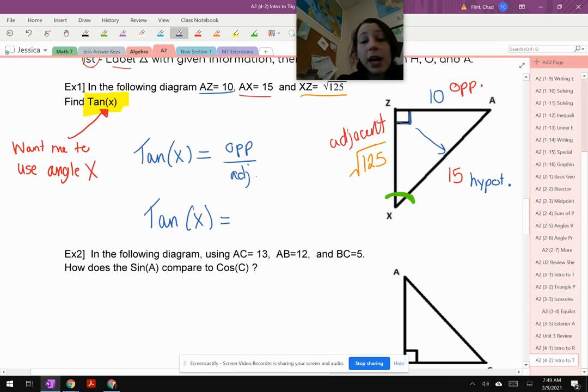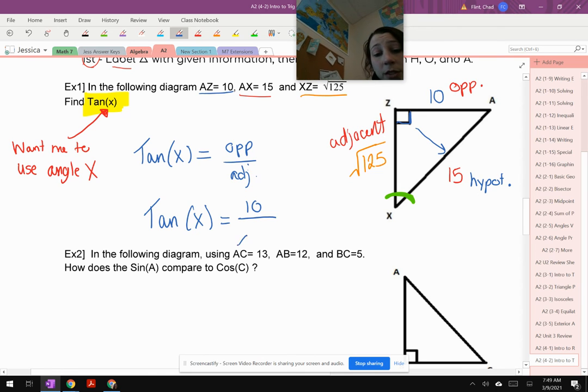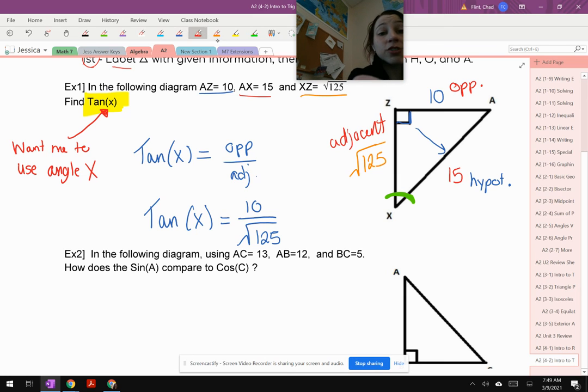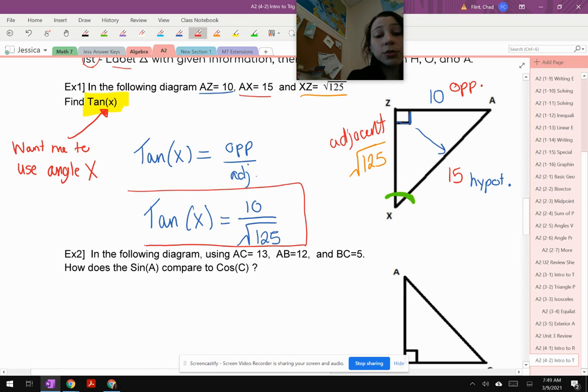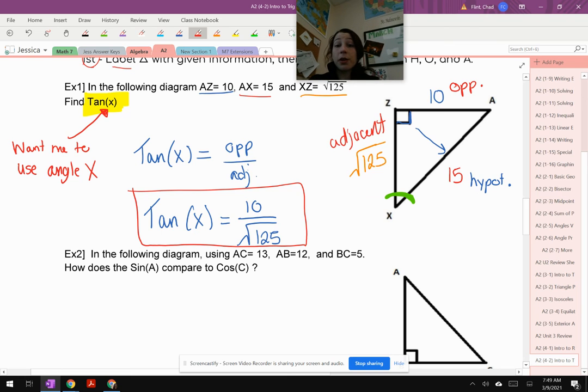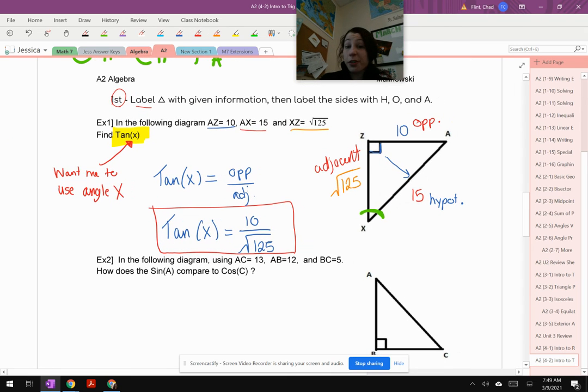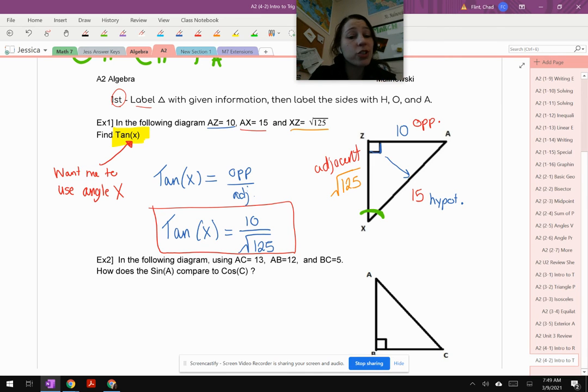The opposite side was 10, and the adjacent side was that square root of 125. So the tangent of x is equal to 10 divided by the square root of 125. And for now, for this lesson, that's all we're going to do with that. We will take that further in future lessons, but for now, we're just setting that fraction up.